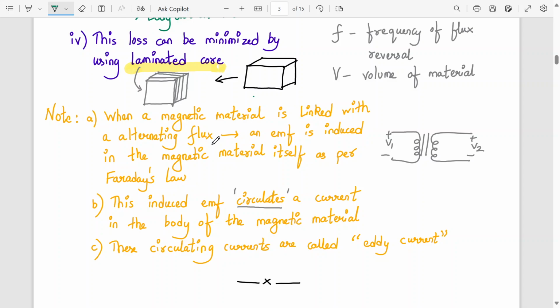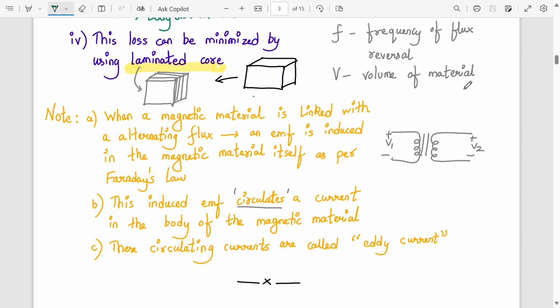These circulating currents are called eddy currents. Here it is circulating like this. Eddy currents and the losses associated with them are called eddy current losses. Okay. Understood, students? Because we will now be changing the topic.